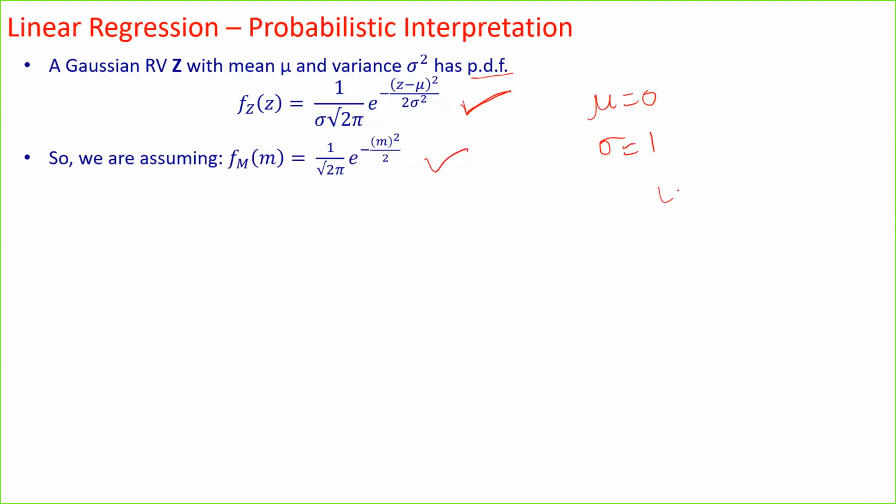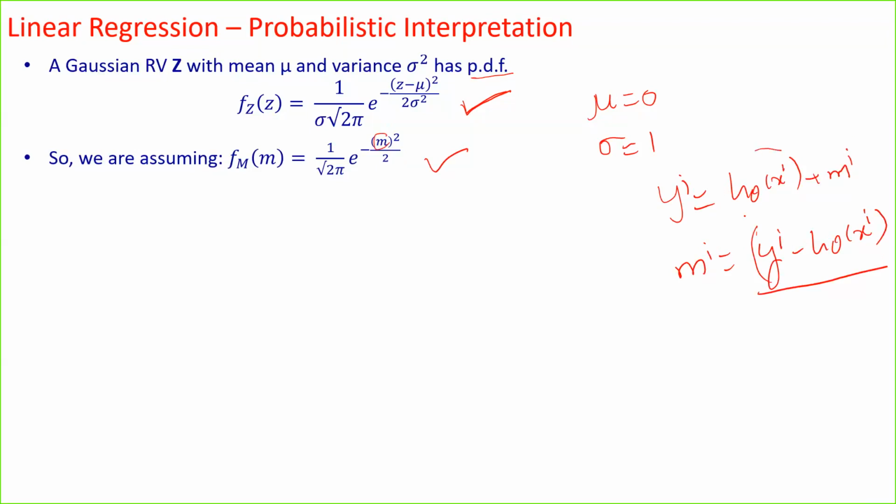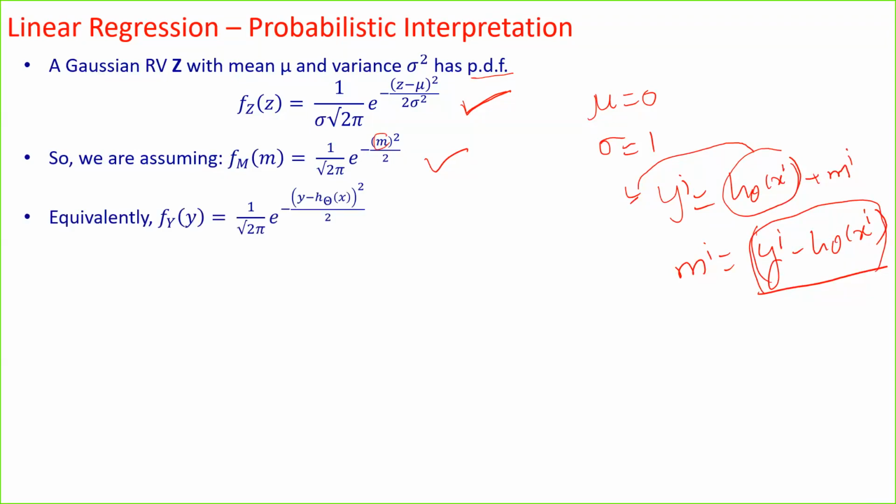So we're saying that yi is equivalent to h theta of xi plus mi. Right? So can I write mi is equivalent to yi minus h theta of xi, by bringing this to this side? Yes. So can I substitute mi equivalent to this and get the Gaussian formula for variable y? I'm substituting that, right?